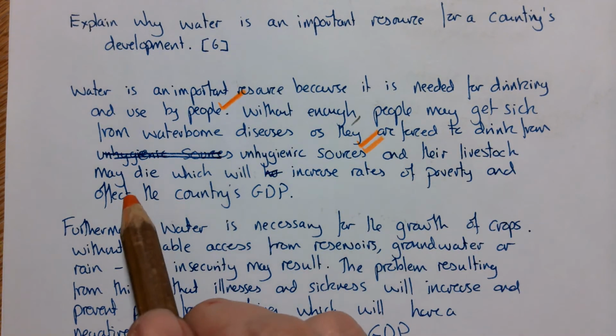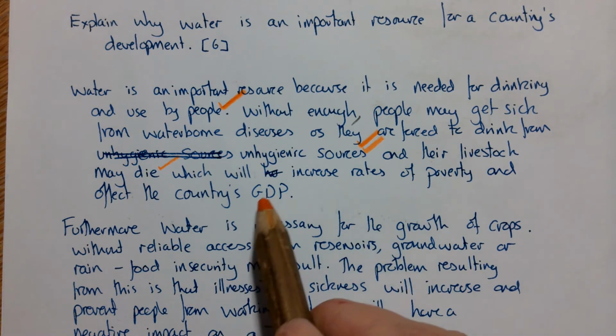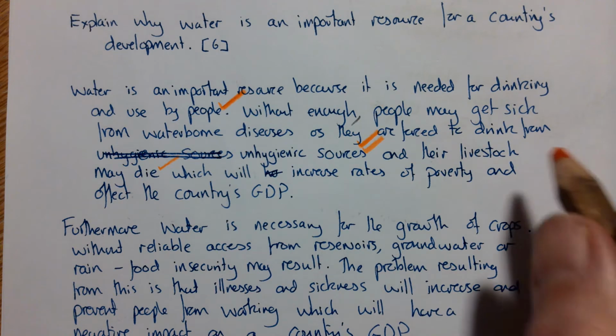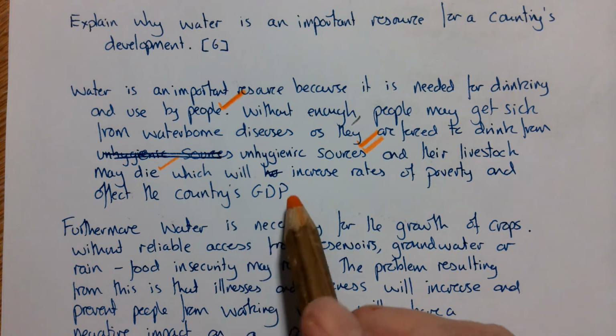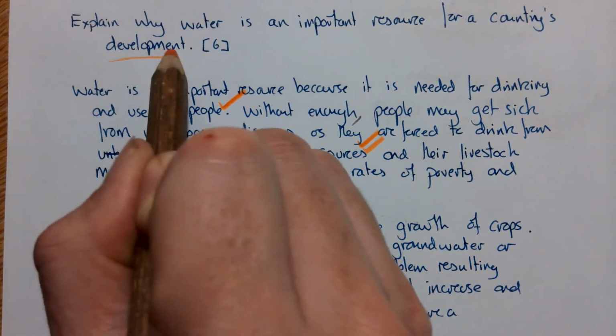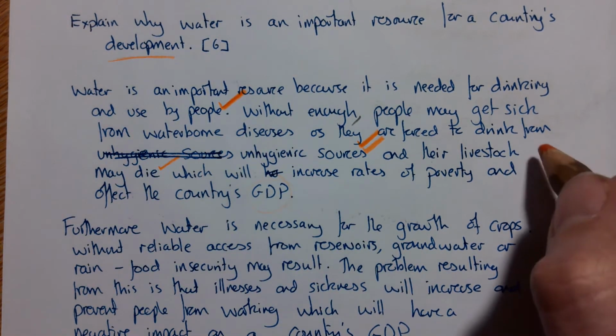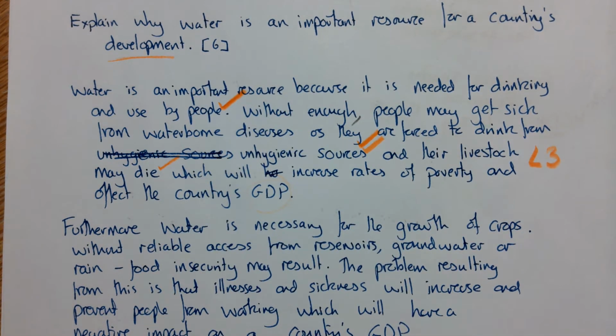And their livestock may die, so that's another point related to the same thing, which will increase rates of poverty, development, and affect the country's GDP. So linking it back to GDP makes sure that I'm addressing this issue of development. And I think as an examiner, if this was a simple question like this, I'd be happy that that's shown evidence of level 3.